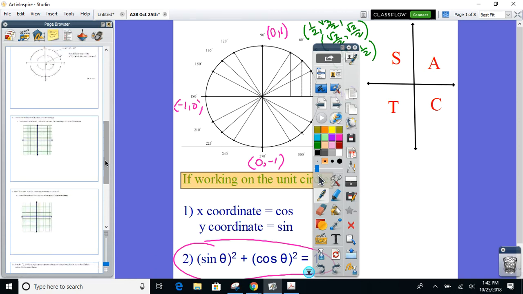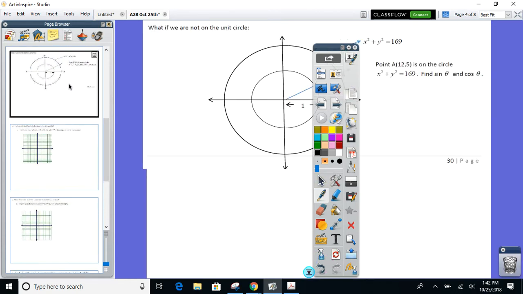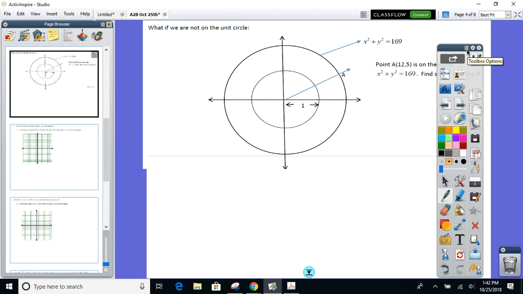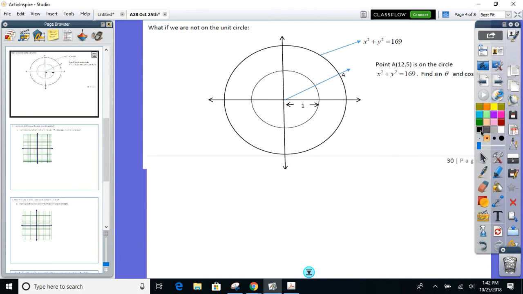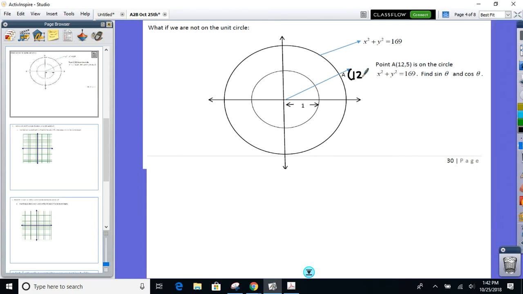No big deal. Take a look. Okay, so I have the unit circle here, but then I drew an even bigger circle, and I put a point A on there. And that point A, they tell me, is 12, 5. But I'm still asking you guys for what's the value of sine and cosine.